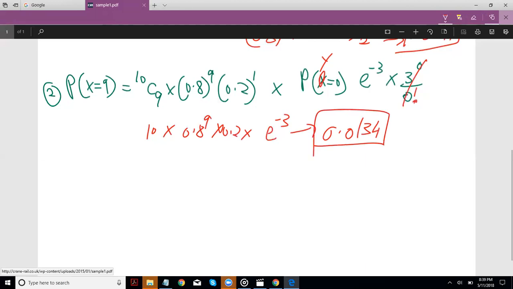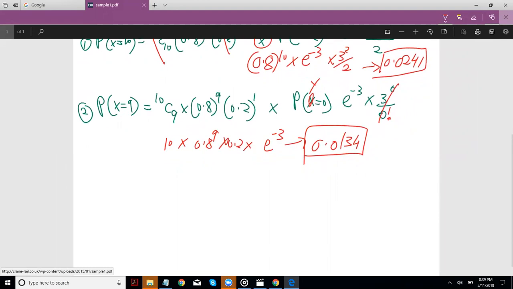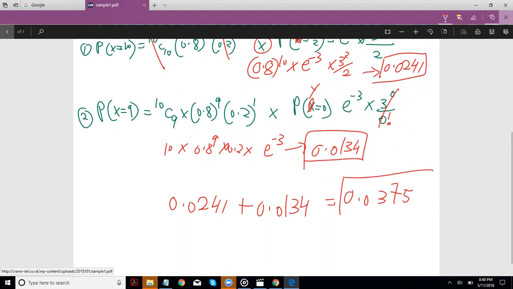These are your respective probabilities for the two combinations. You're saying you want either combination 1 or combination 2, whichever one works. When you're using or, you add, which should give you approximately 0.0375. That's that. That would be your final answer.